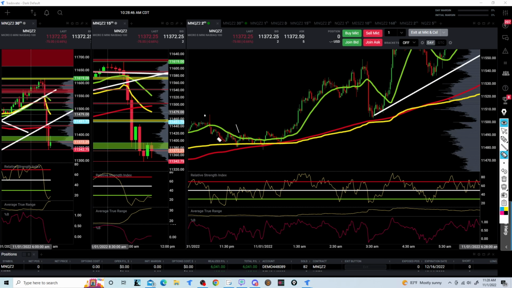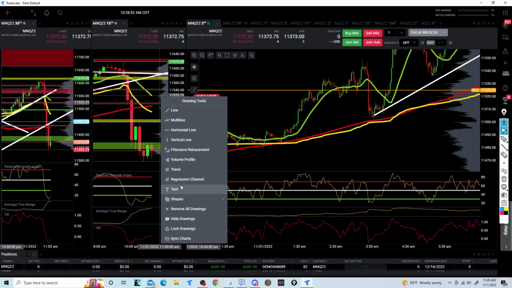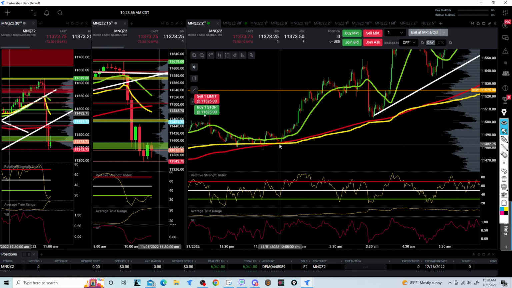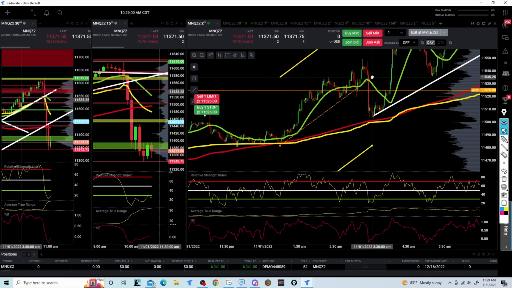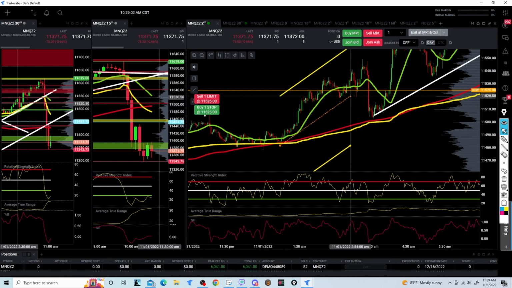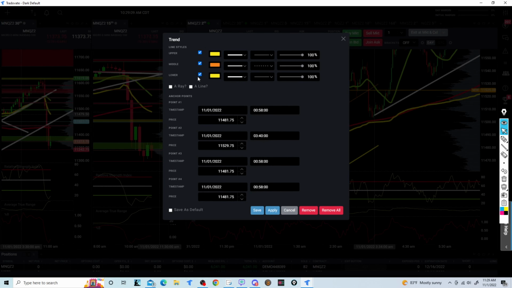Now you could draw these lines right on NinjaTrader, but I don't like the way it's set up. Let's see if we can fix that now. I don't like how it gives you the extra thing, so I wonder if we could just remove that.